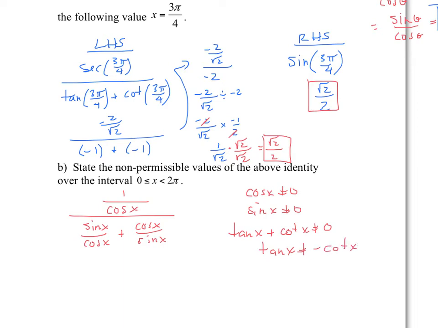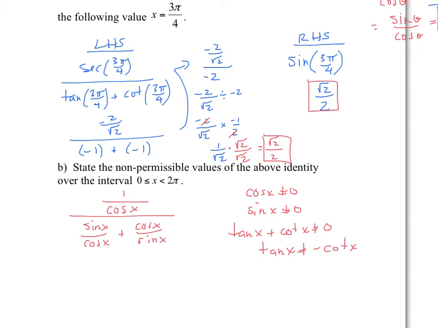That can be quite complicated. However, we're lucky, and we can discuss this in class if you want, but this actually does not happen because tan and cot always have the same sign. So for any angle, tan and cot will have the same sign, therefore they will not be negatives of each other. So this doesn't happen.